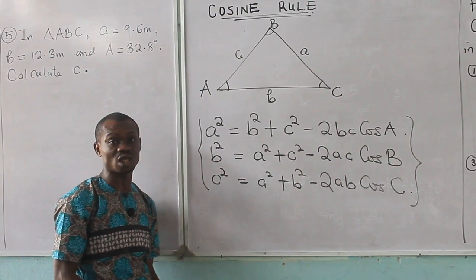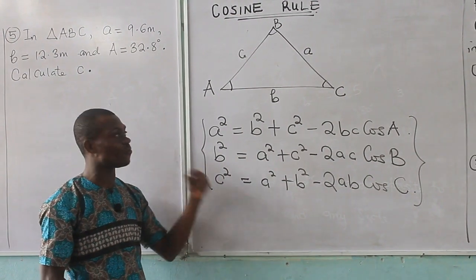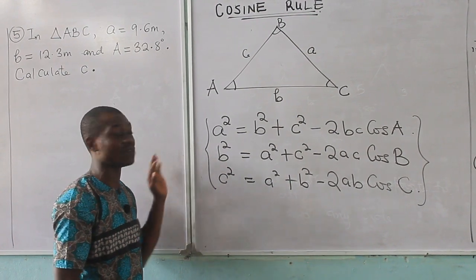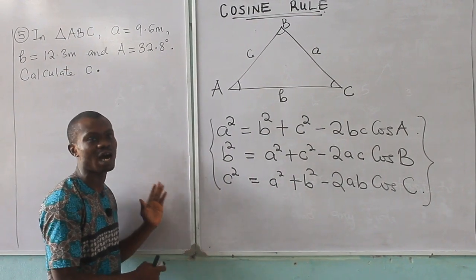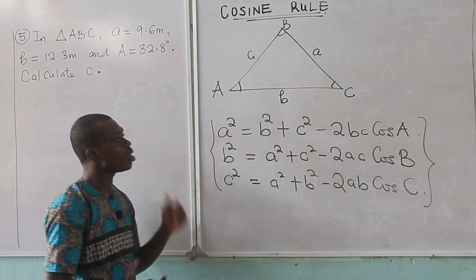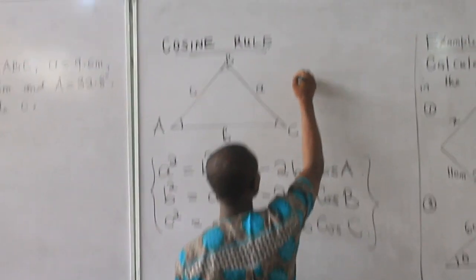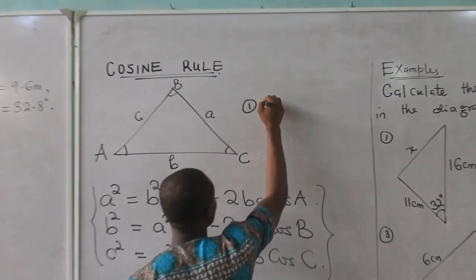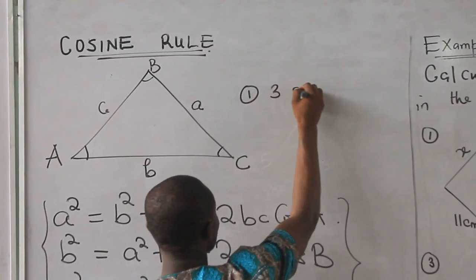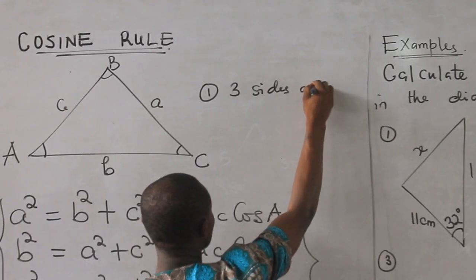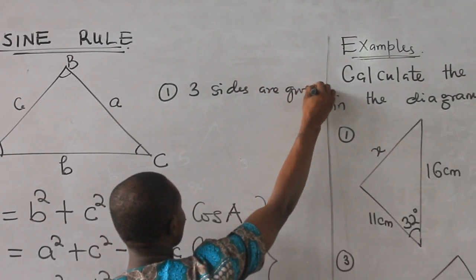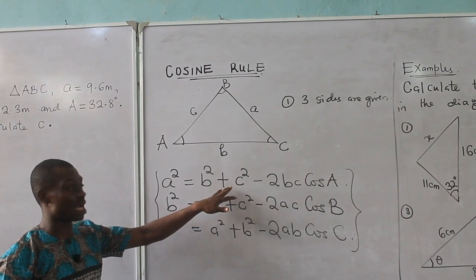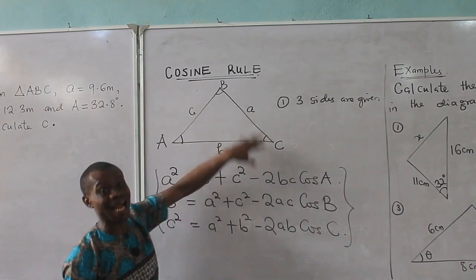Alright, and the question now is, what form of triangles are we going to make use of the cosine rule? I've stated the two types of triangle you will have, and the sine rule will work. What about the cosine rule? So the first is that if you're given a triangle with the three sides, where the three sides are given, then I can use the cosine rule to solve for the three angles.